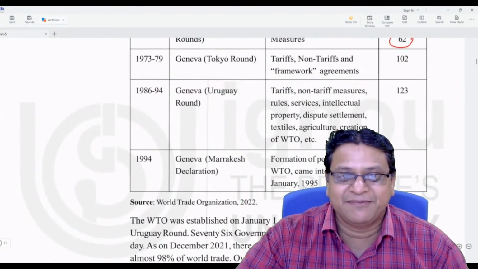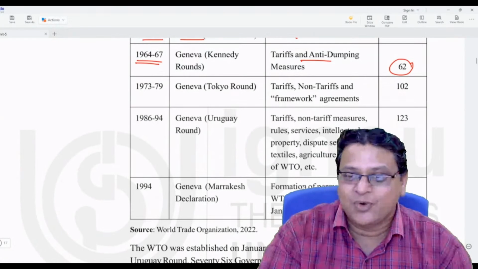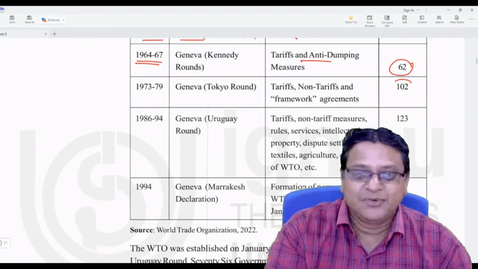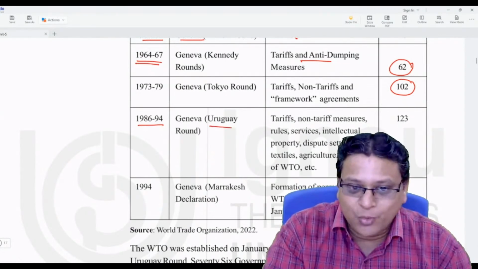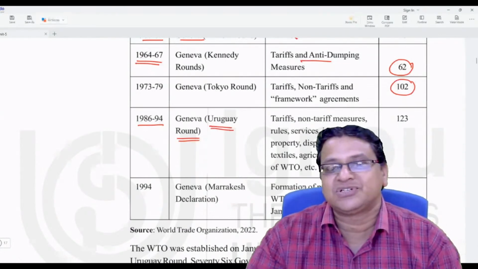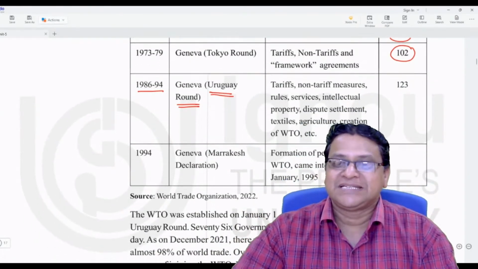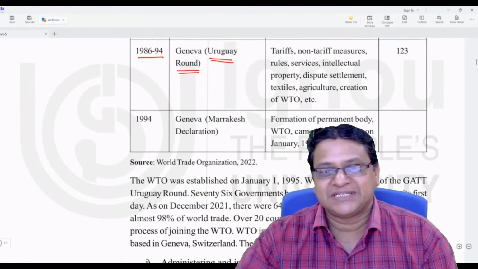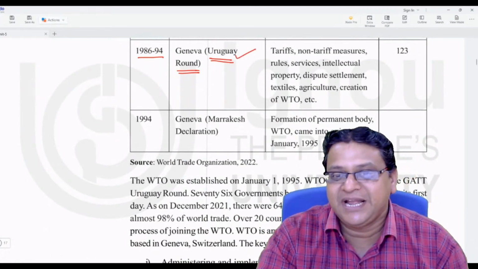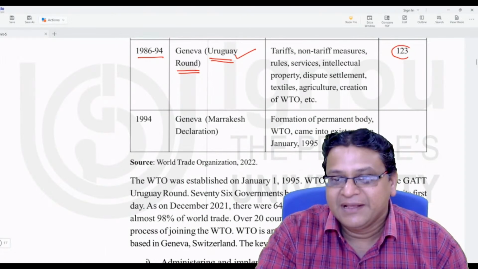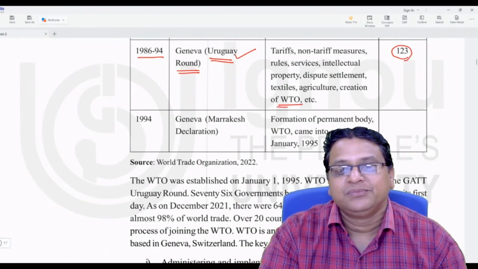In 1970, the number again increased to 102, and during 86 to 94, during Geneva Uruguay round negotiations, 123 countries were signatory to GATT agreements, and during this Uruguay round they have decided to frame a permanent institution that is known as WTO.